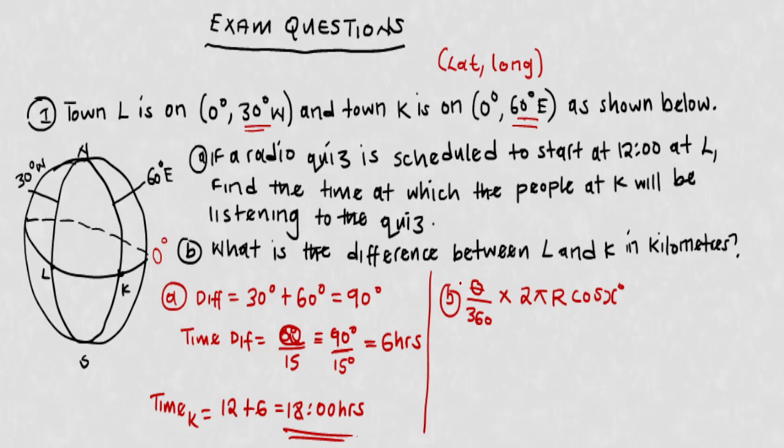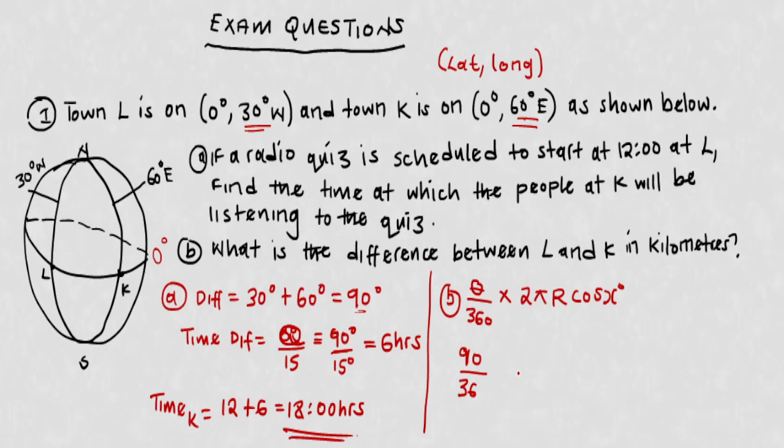So now let us try to find out what each one of those is. What is the theta? The theta is the difference in longitudes. What we found here, remember we had already found it, was 90 degrees. So I'm going to put 90 degrees here: 90 divided by 360, then we're going to multiply by 2.